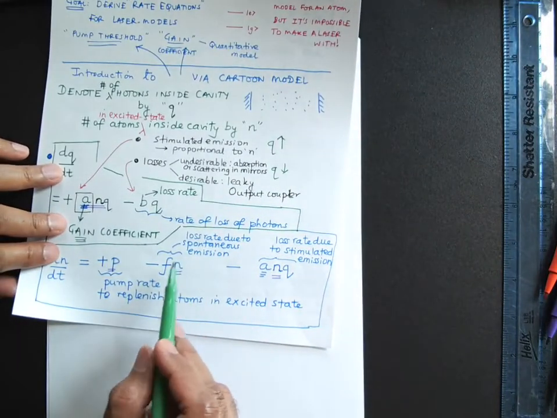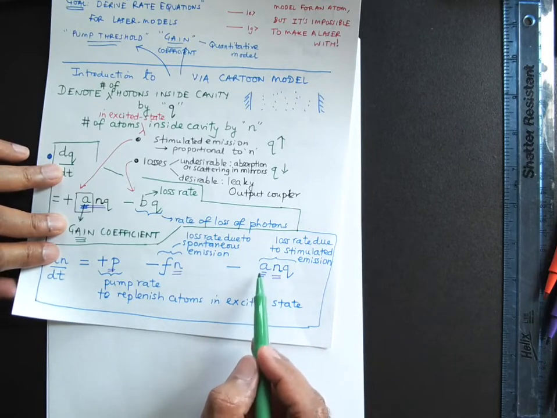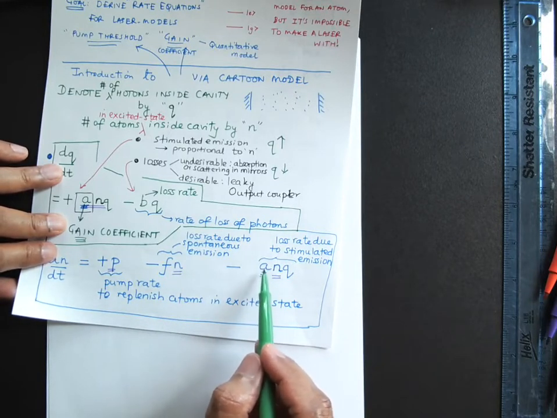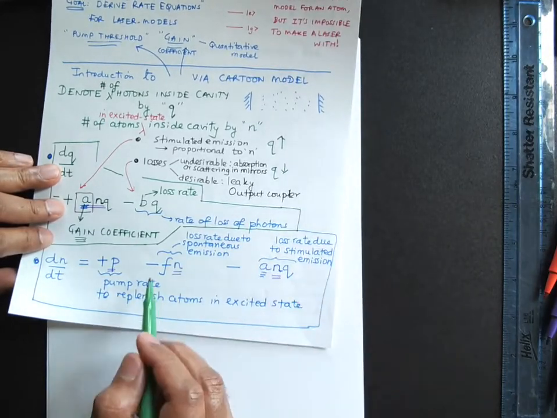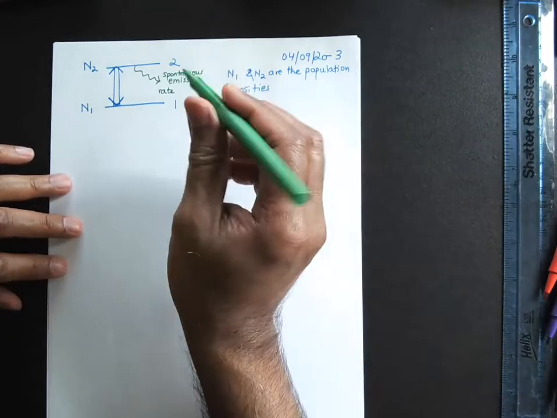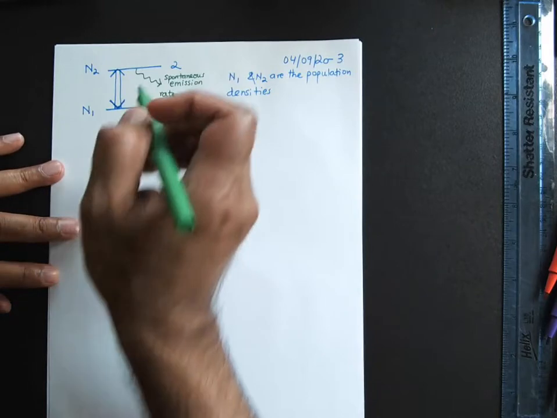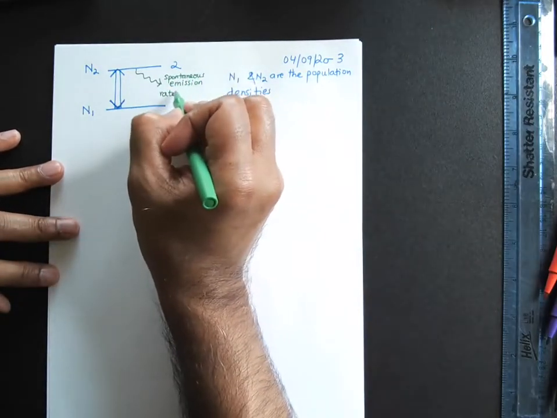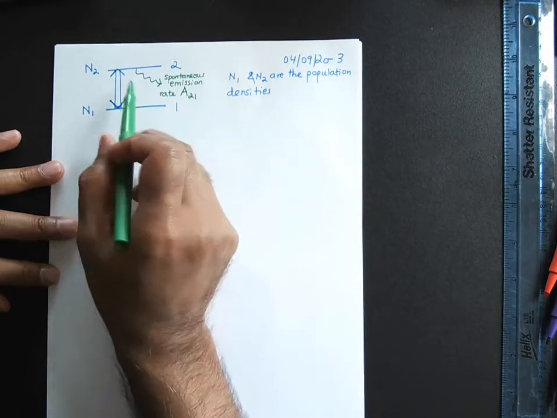There was spontaneous emission, and I called the spontaneous emission rate F. And there was a gain thing here and all that. But a better term, something that all authors use, let's call it A21. 2-1 just means from 2 to 1.